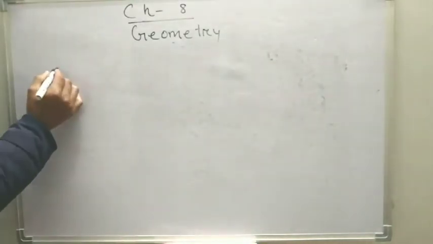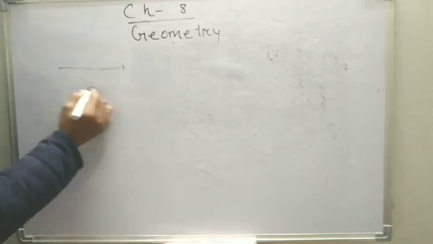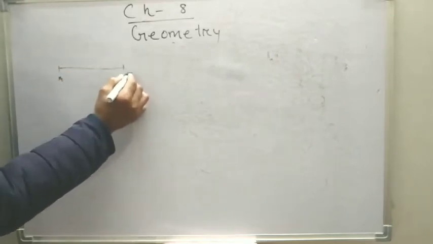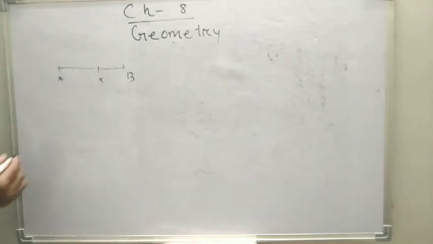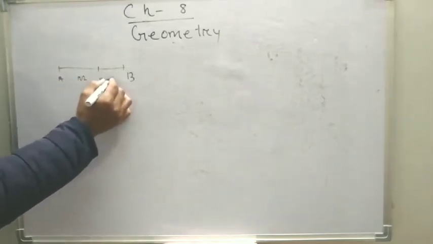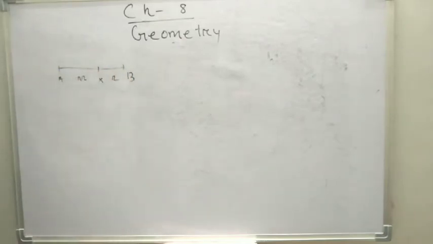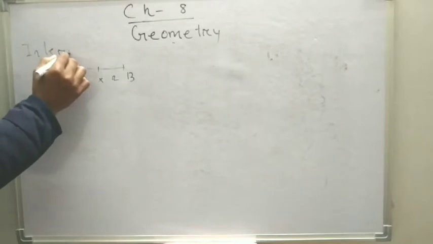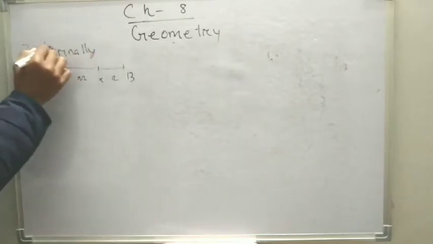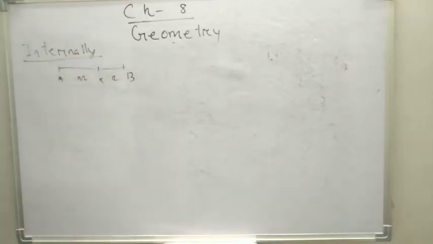Suppose a given straight line is AB, where X is a point which divides this line into m and n parts. We are proving this for internal division. Now let us understand what the theorem says.